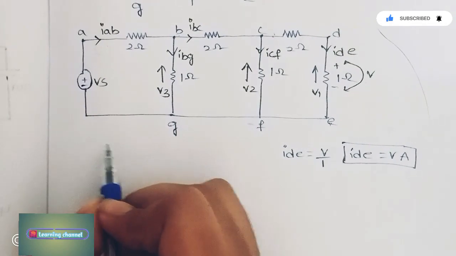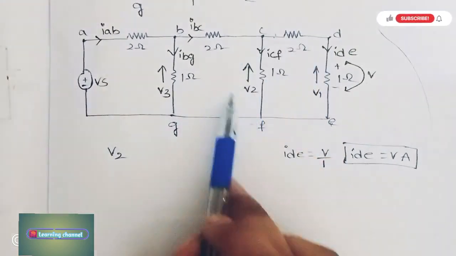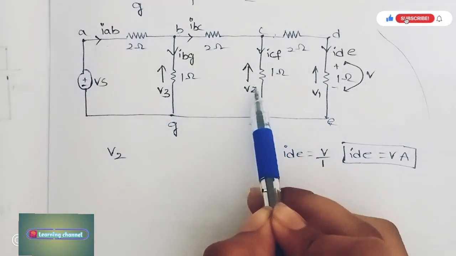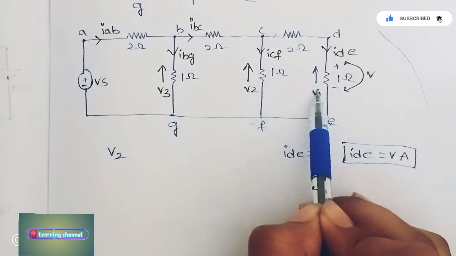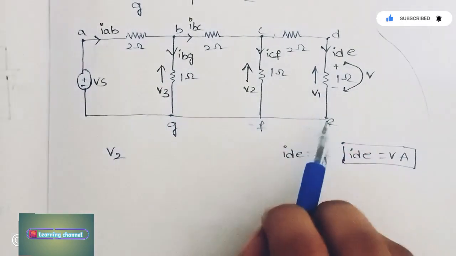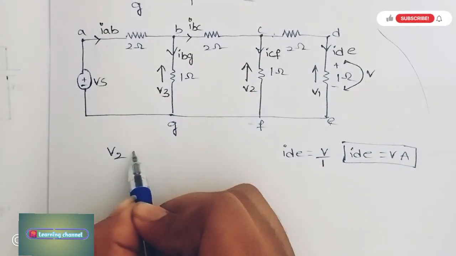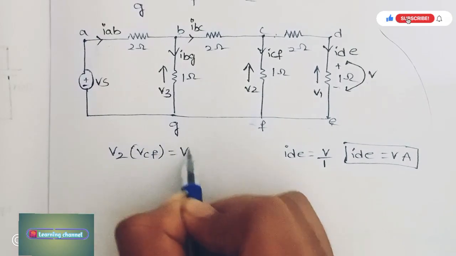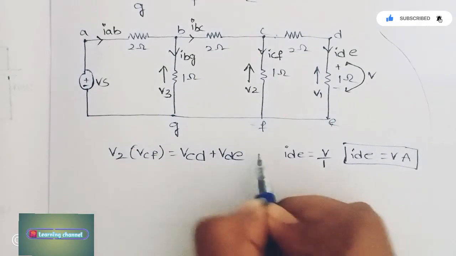Firstly, here we have V2 and this is a closed loop. If you consider V2 as a battery, it is supplying V2. So V2 is equal to VCD plus VDE.